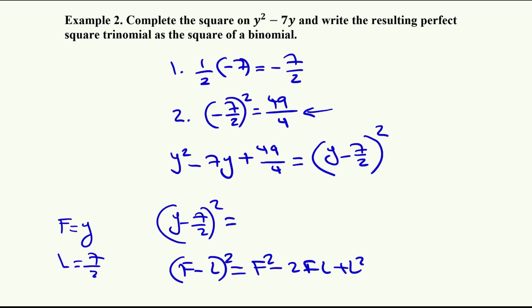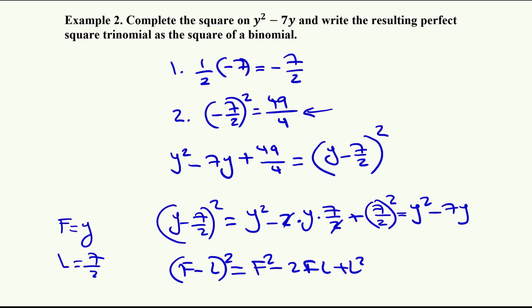So we end up with f squared, which is y squared, minus 2 times f, which is y, times 7/2, which is L, plus L squared, which is 7/2 squared. And we end up with y squared, the 2's here will cancel out, minus 7y plus 49/4.